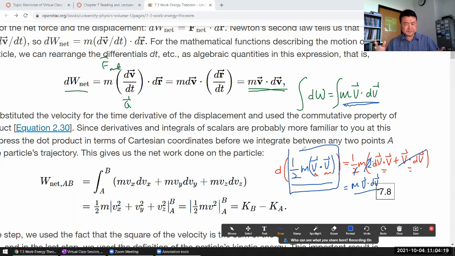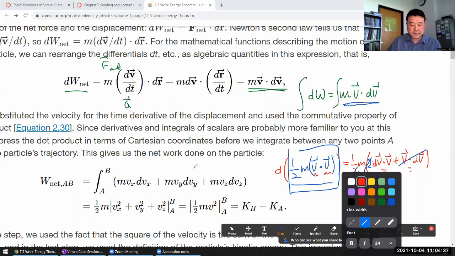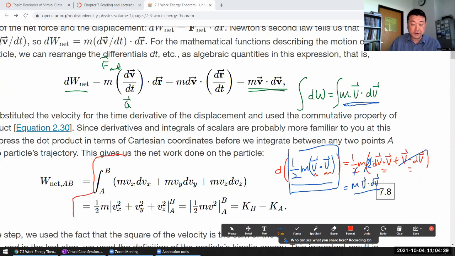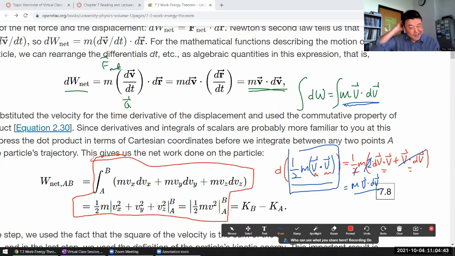And I'm pretty sure I've done something wrong notationally as I'm going through this. But the reason we engage in notational abuse is because it ends up in the correct expression. There's some detail of how to handle these calculus things properly and correctly, and for the purpose of this class, we don't really worry about it all that much.